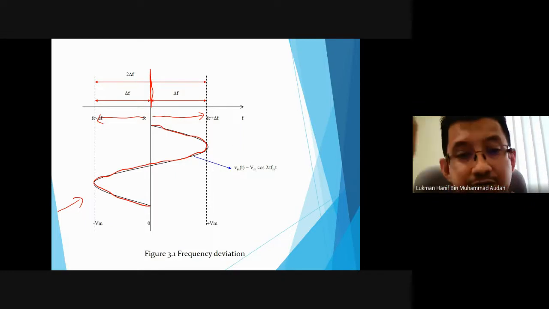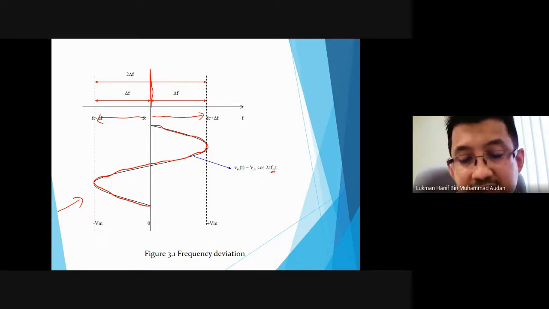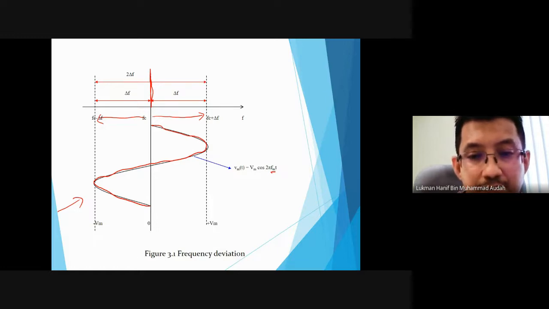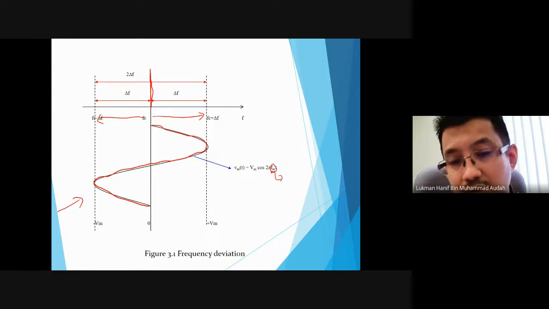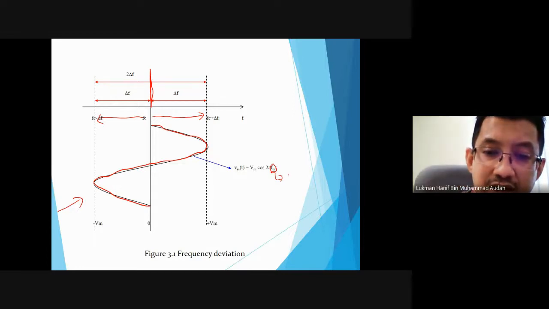So the rate of oscillation is depending on FM, modulating signal frequency. Okay, so FM here determine the rate of oscillation. Kalau 10,000 times per second, bermakna FM bersamaan dengan 10 kHz.